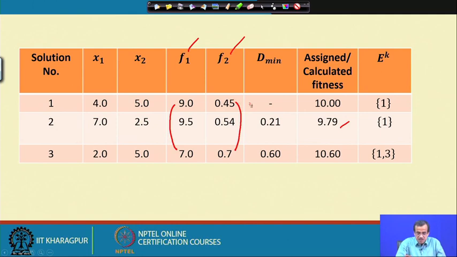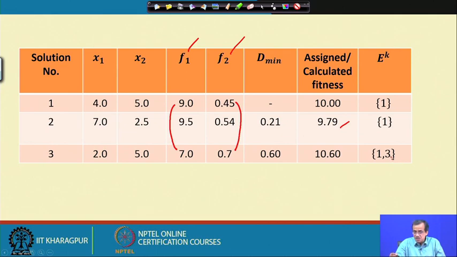Now, if this is the situation, so with respect to one objective, solution 3 is non-dominated, but with respect to another objective, solution 3 is a dominated one, that is, worse compared to solution 1. Now, in that case, we give a chance to solution 3 to be there in the non-dominated front.